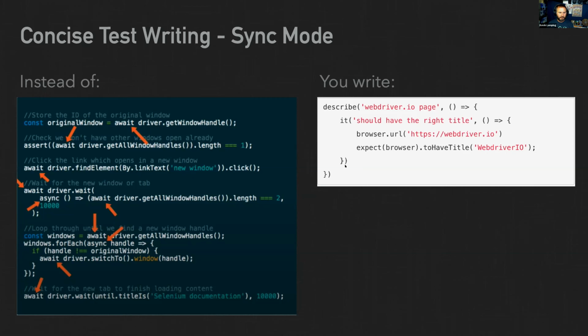Obviously, there are other differences in what the test is actually doing, but I wanted to show you what a full test would look like with all these awaits and asyncs, and what the test in WebdriverIO looks like when you have sync mode turned on. It's very simple, and it's all about just simple commands that you're going to run. And to me, that's really helpful when you're thinking about maintaining tests and the readability of your tests as well.